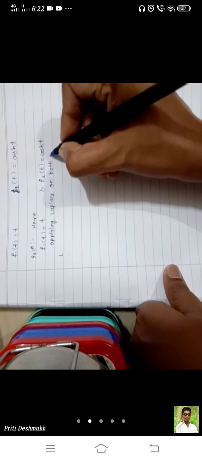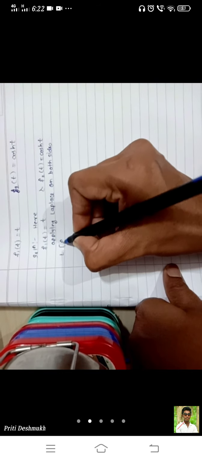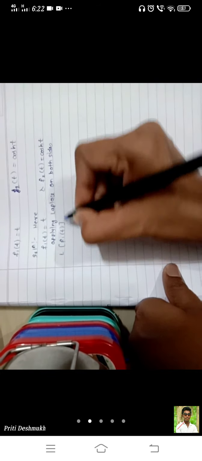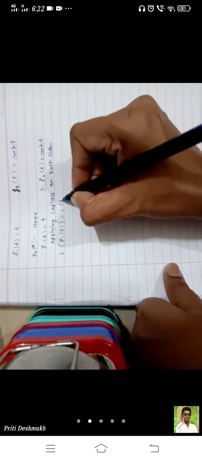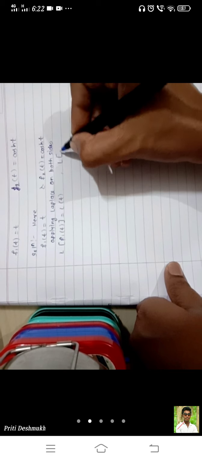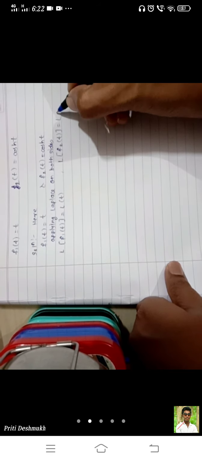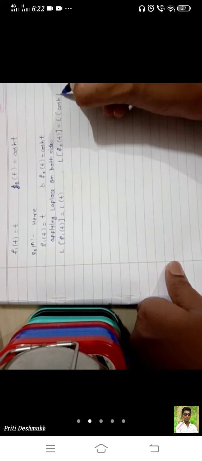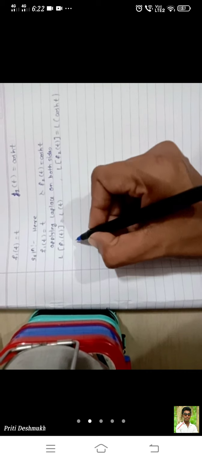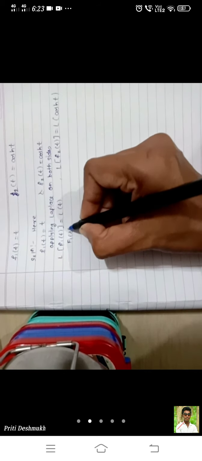So applying Laplace on both sides, Laplace of f1 of t is equal to Laplace of t, and Laplace of f2 of t is equal to Laplace of cos of h into t. Laplace of f1 of t is denoted by capital F1 of s.